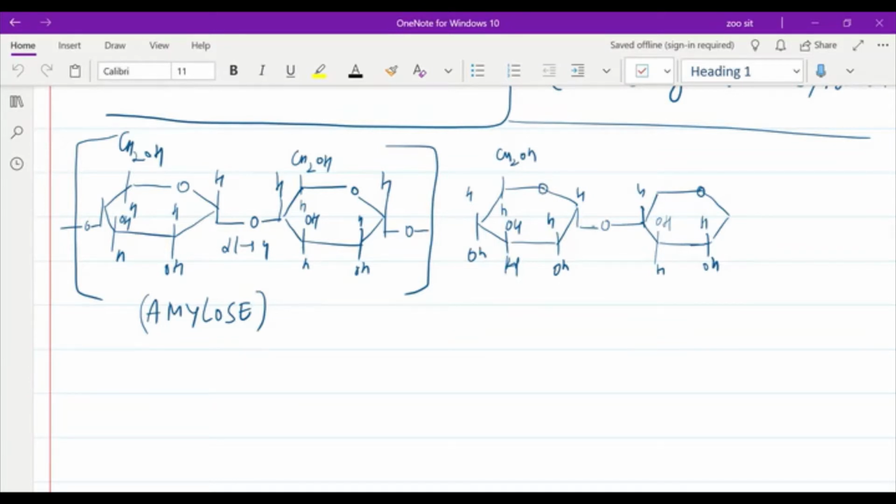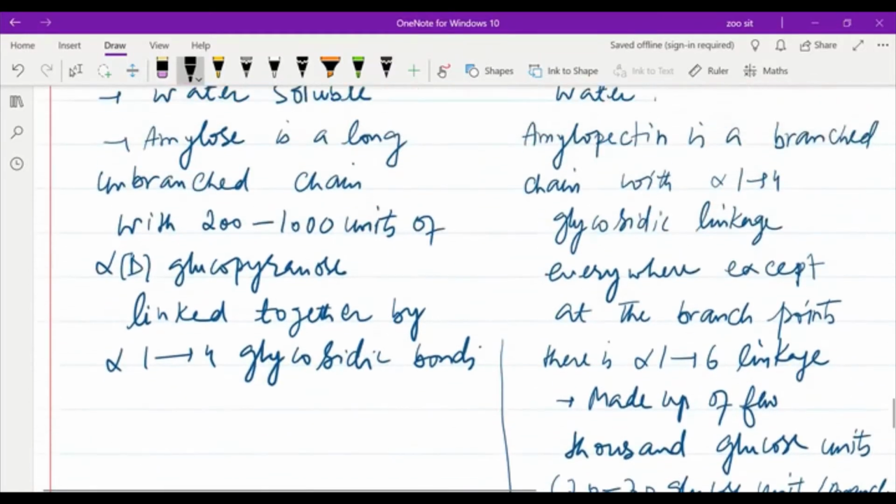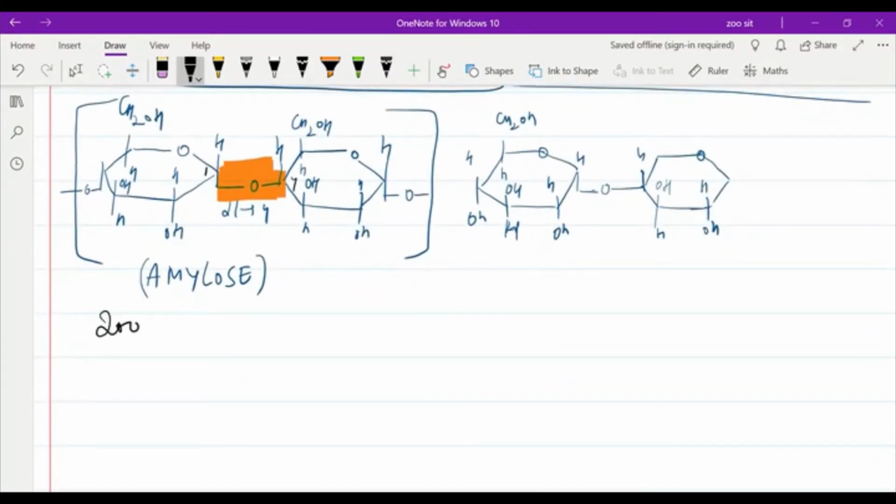The two alpha-D-glucose molecules join, and the glycosidic bond is formed between carbon number 1 of this sugar and carbon number 4 of the second sugar, and similar things are repeated many times. Amylose contains 200 to 1000 such units.